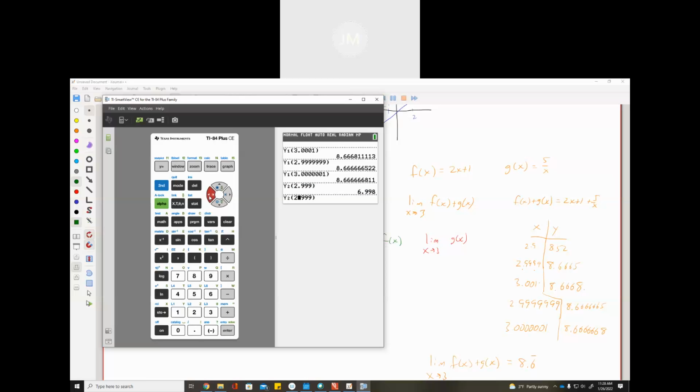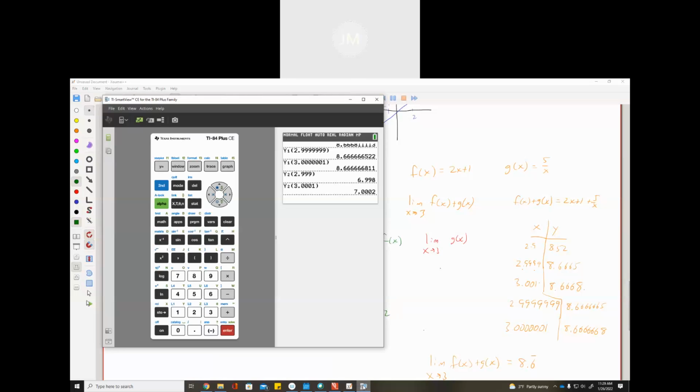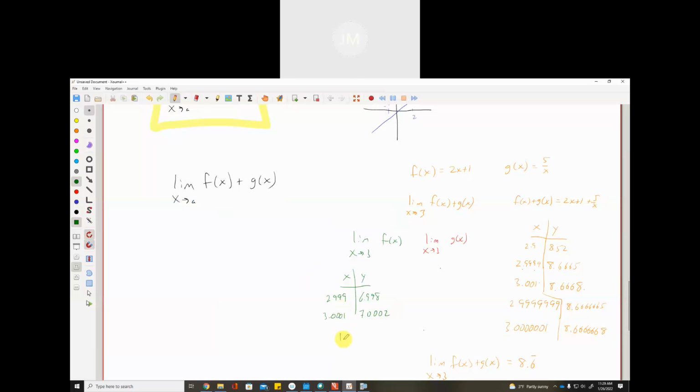If I put in 3.001, right, 7 and change, it looks like I'm approaching 7. So it looks like the limit as x approaches 3 of f of x is just a straight up 7. Okay, that one looks pretty straightforward.